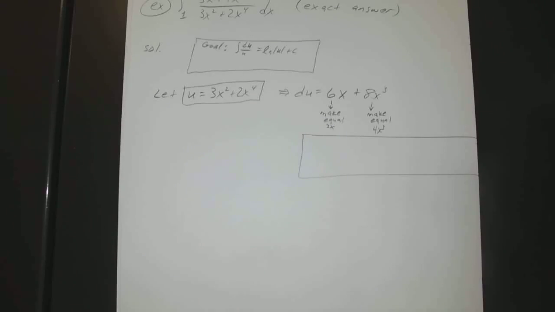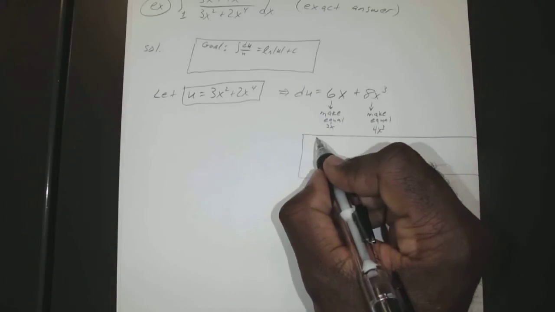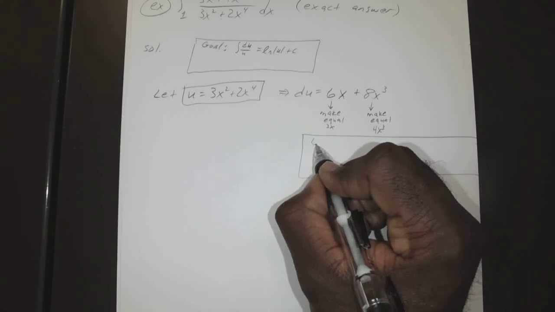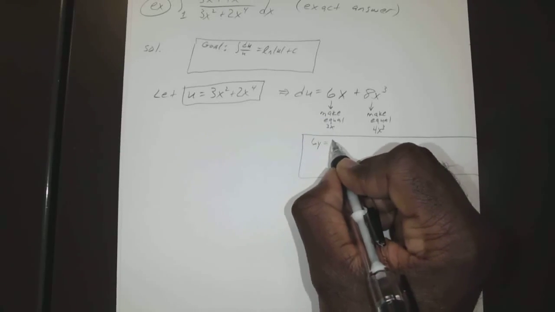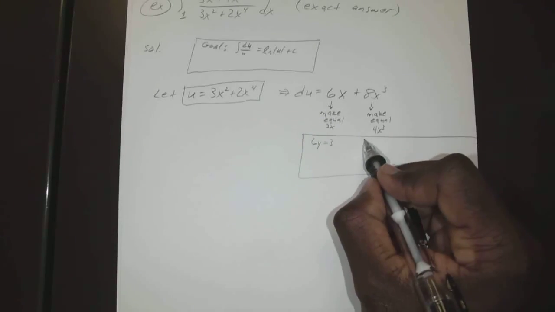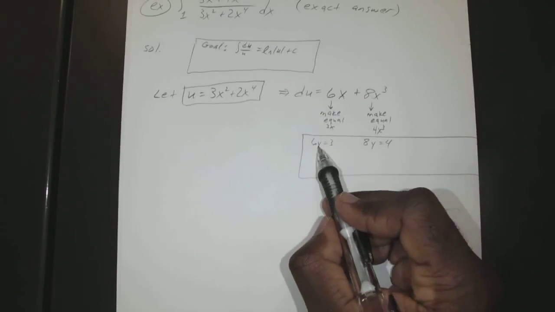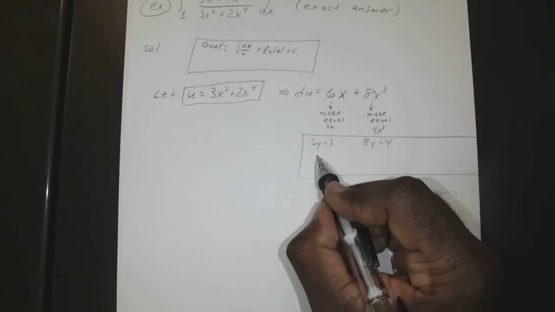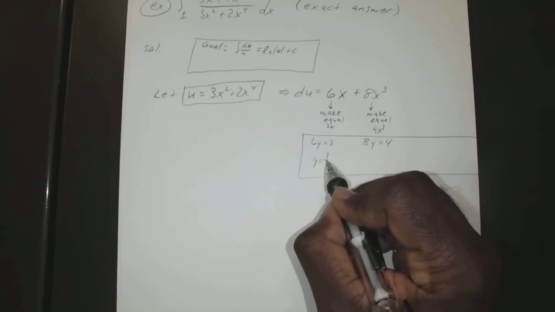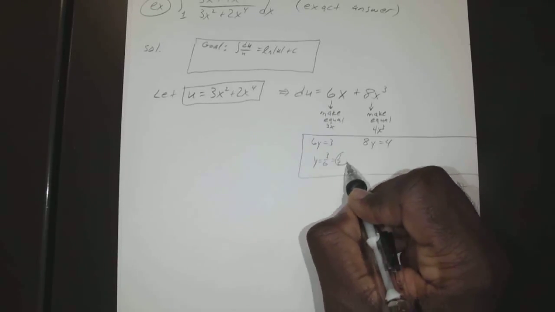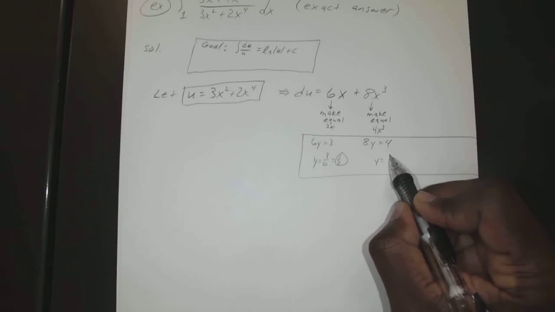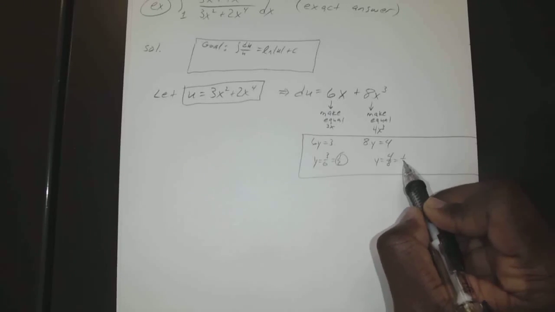Okay. So just like we did before, you want 6 times some number to equal 3, and you want 8 times some number to equal 4. Okay, so you have y equals 3 over 6, which is 1/2, and y equals 4 over 8, which is 1/2.